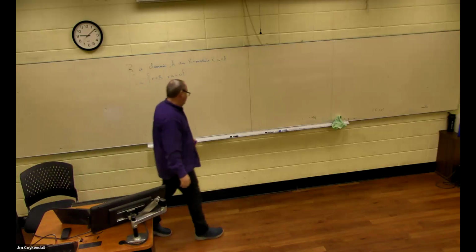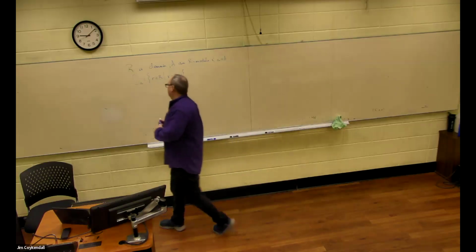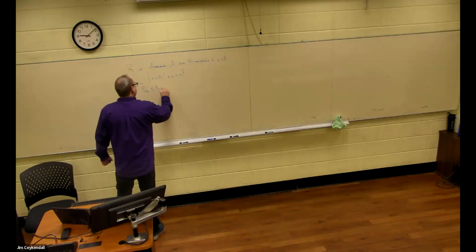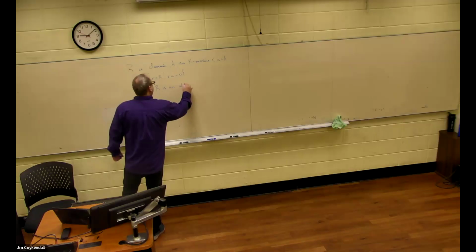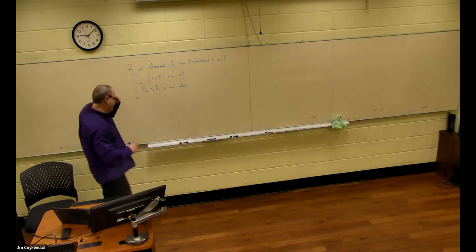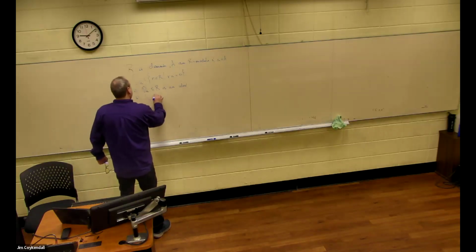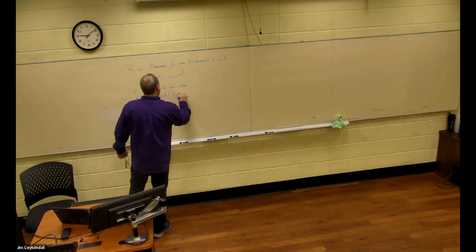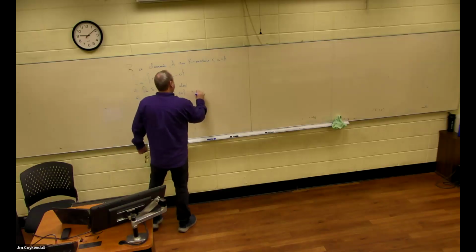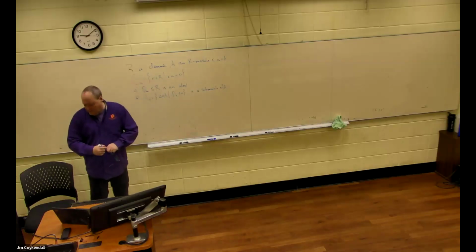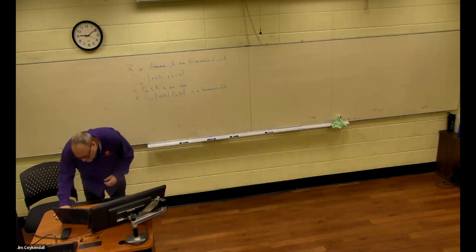So we had some stuff that we were working on. We showed this is an ideal, and the set of torsion elements, a in A such that ra = 0 for some nonzero r, is a submodule of A. Right.